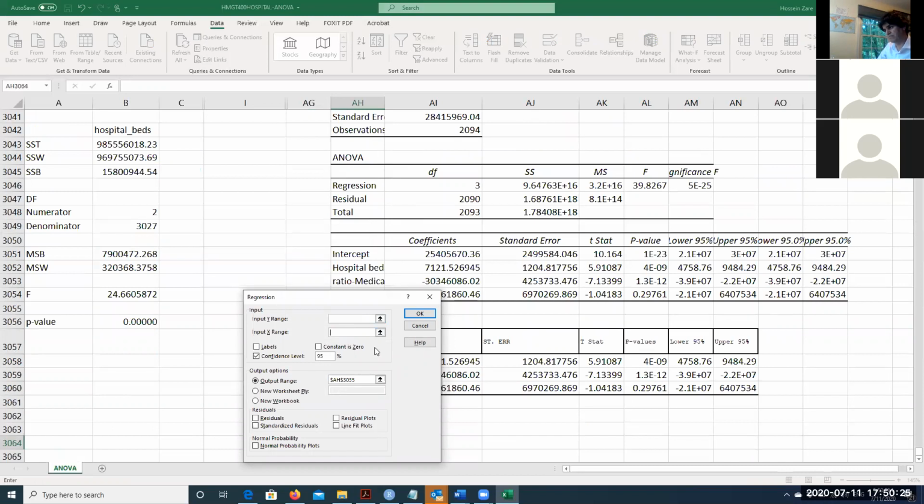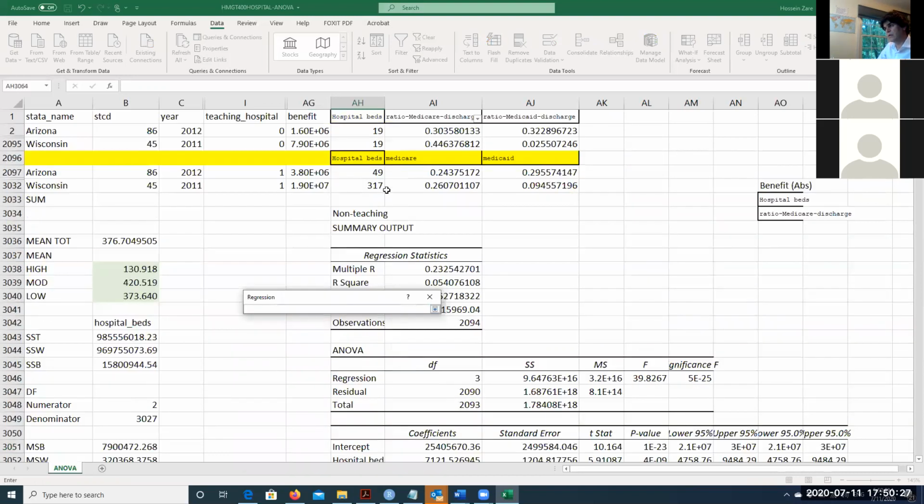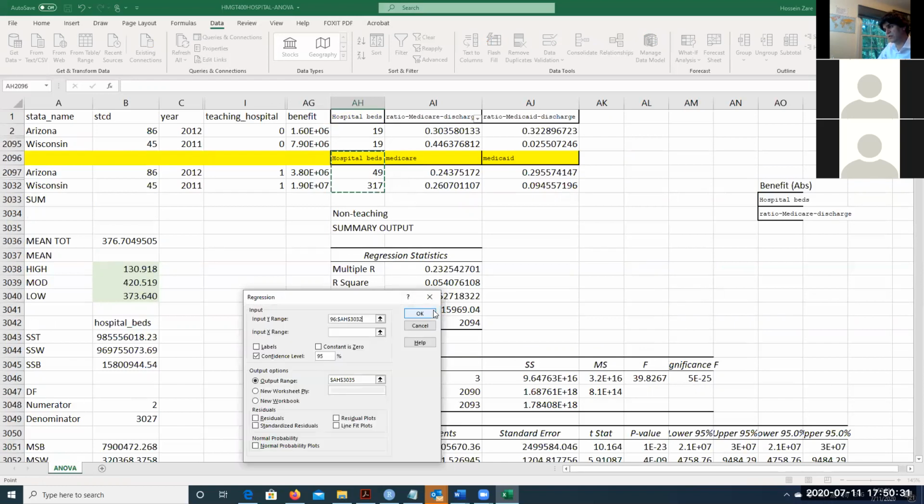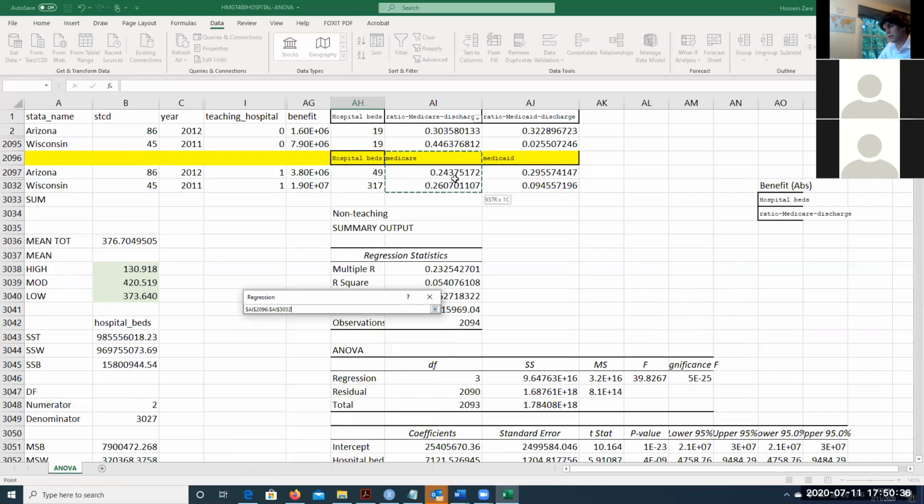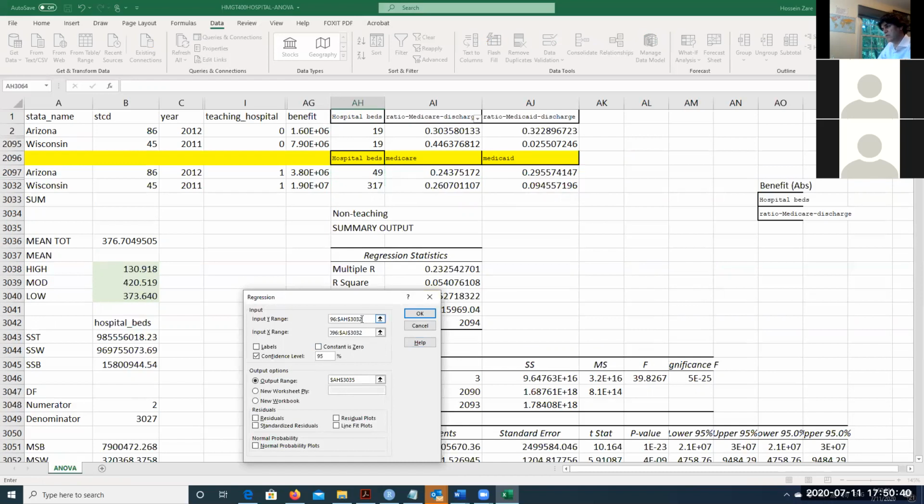Okay. Let's include hospital bed this time. If it didn't work, then we don't need to include that. And then include everything. Oh, mistake. The dependent variable is benefits. And this is benefits.